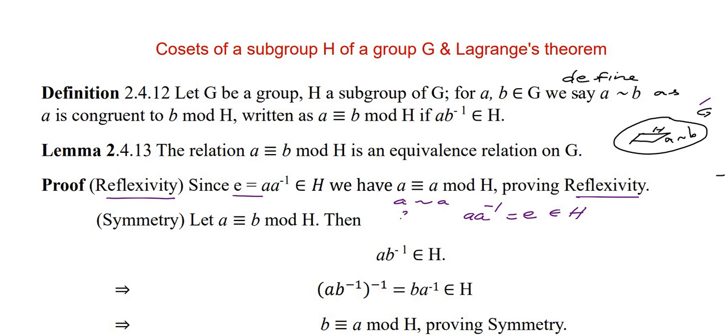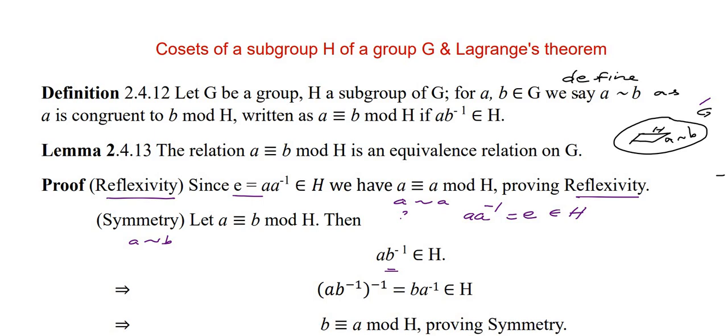Then for symmetry, we shall assume that A is related to B. That means A is congruent to B mod H. So by the definition, we should have AB inverse belonging to H. But because H is a subgroup, the inverse of any element should be in H. So the whole inverse of AB inverse should be in H. But the inverse of AB inverse is nothing but B inverse inverse times A inverse, that is BA inverse.